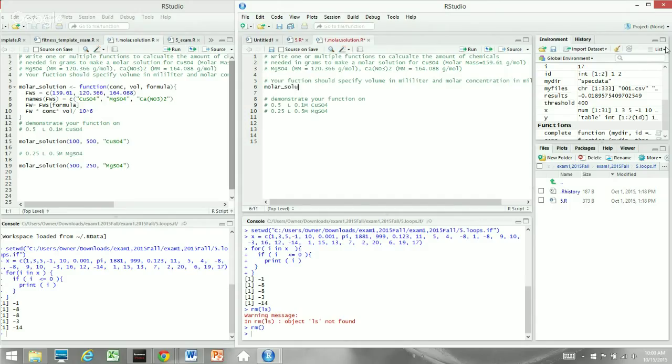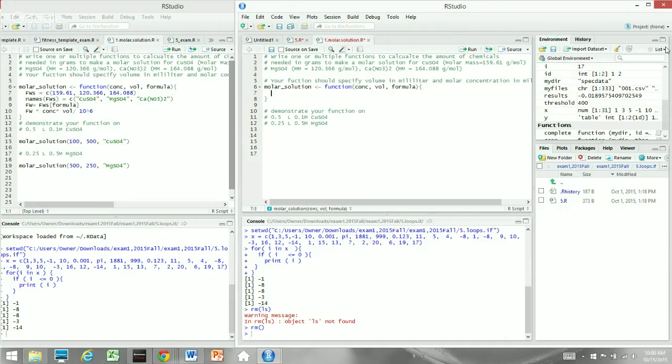I'll use function to put in the order of concentration, volume, and formula that will be needed to calculate everything. Okay, my brackets.